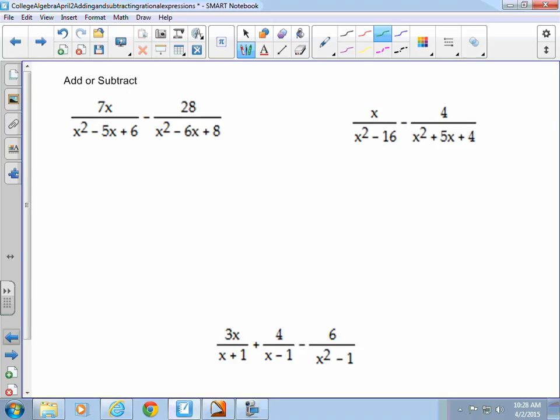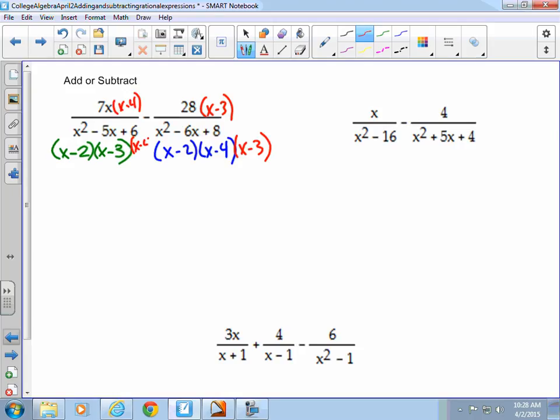Factor the denominator. Questions about that so far?